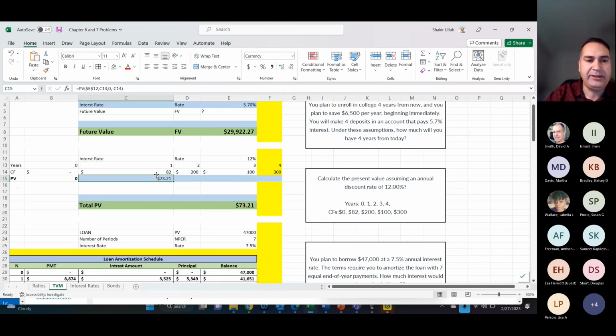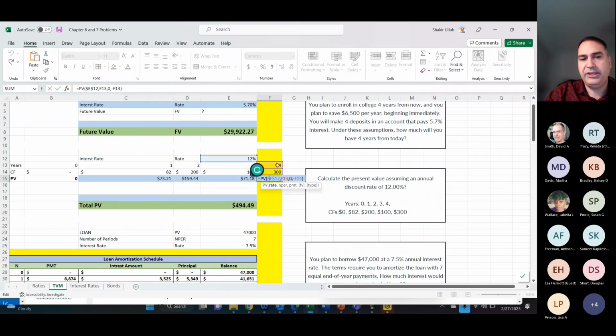So the present value of $82 at 12% discount rate and applied for 1 year comes out to be $73. Okay. Now, if I drag this formula to the right, it does all the calculations for the others as well. So, for example, this one discounts 300 for 4 years at the same 12% interest rate.